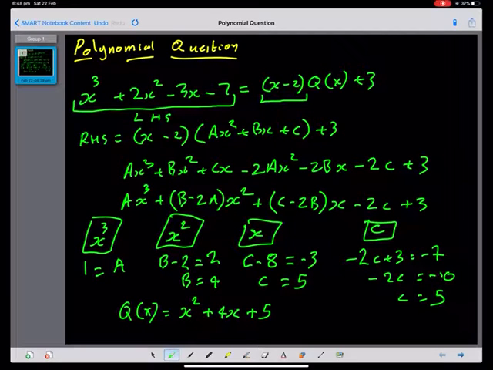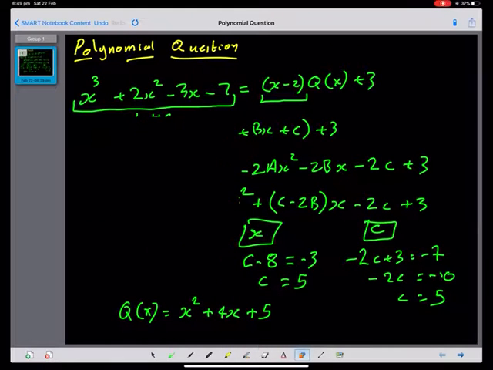Okay, so we can check to see if that's right. We can do that by multiplying by x minus 2 and then adding 3. So let's do that very quickly, and it's a good skill to learn.